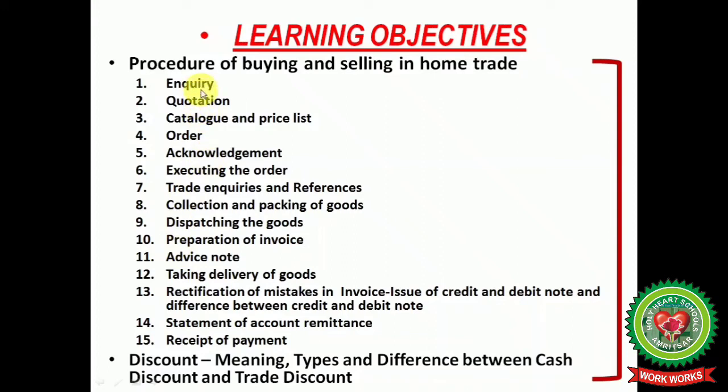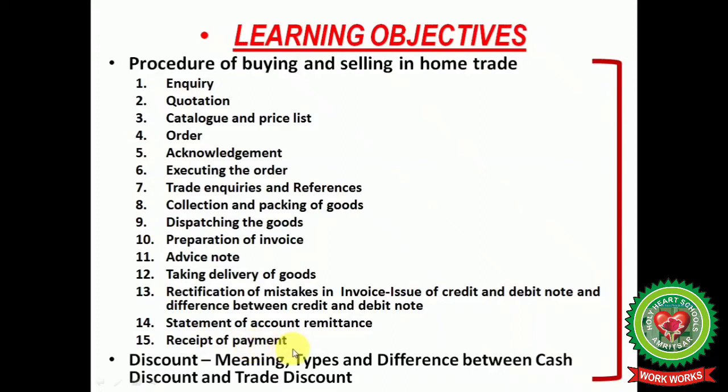The types of documents are: first, inquiry; second, quotation; third, catalog and price list; fourth, order; then acknowledgement, executing the order, trade inquiries and references, collection and packing of goods, dispatching the goods, preparation of invoice, advice note, then taking delivery of goods, rectification of mistakes in invoice, issue of credit and debit note and the difference between credit and debit note, then the statement of account, remittance and receipt of payment.